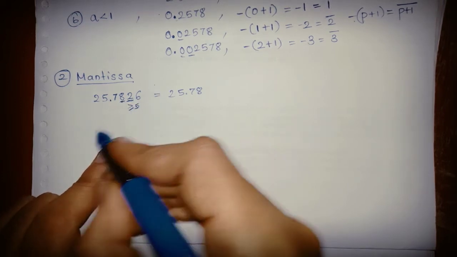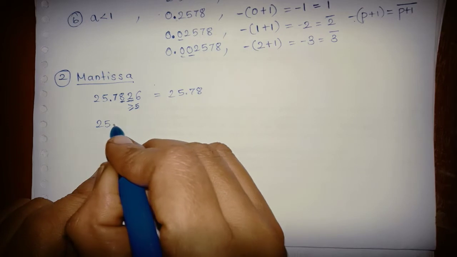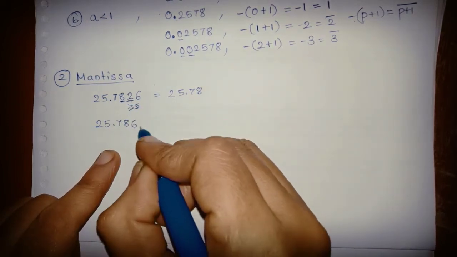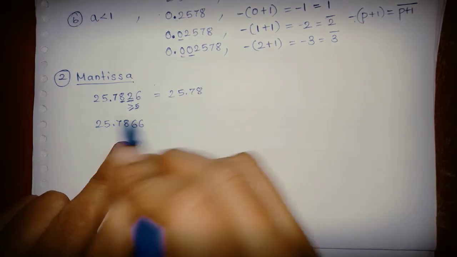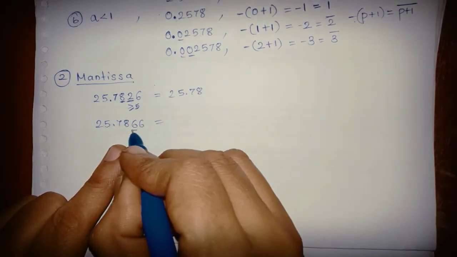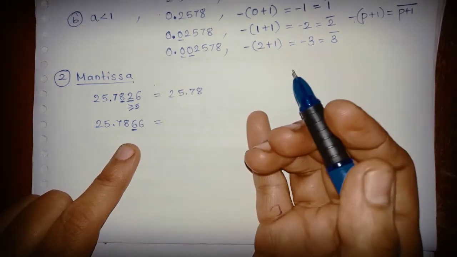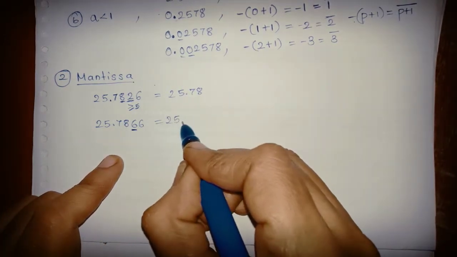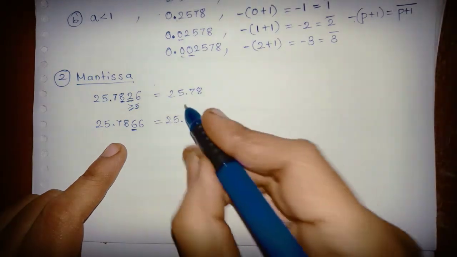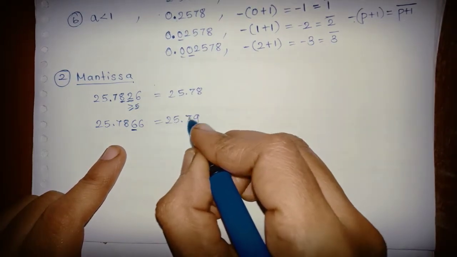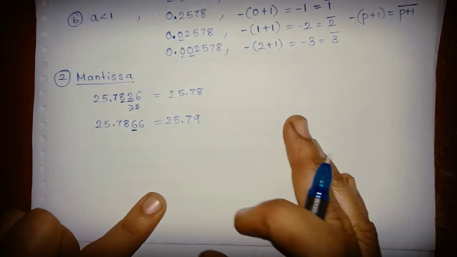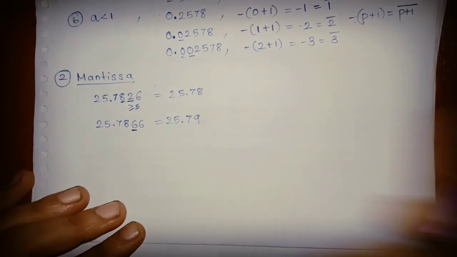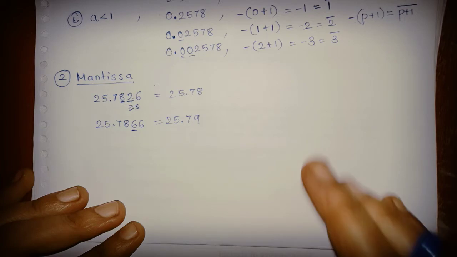Suppose here it was 6, which is greater than 5, so add one here. That is basically what we call rounding off. So 25.79, and then you have to find the mantissa, that is, you have to see the log table.